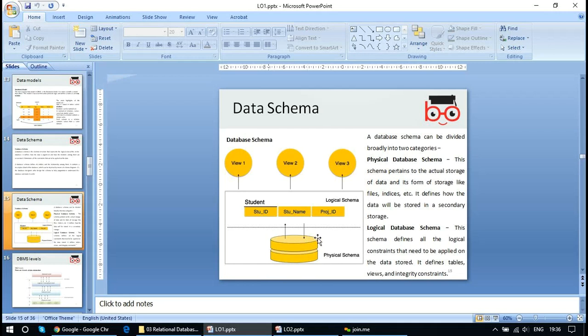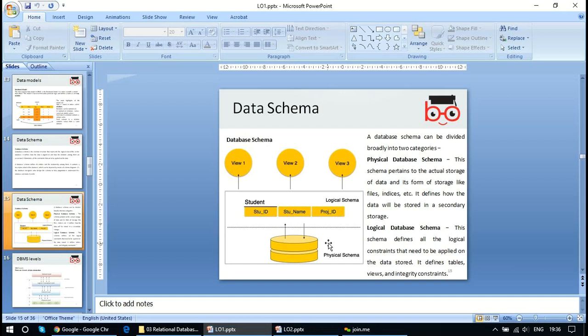So let us have a look at the database schema. Physical schema describes the way how data is stored actually, like in the files and their directory structure. And the logical schema would show you its representation, for example how it looks like a student table, it looks like a course table.